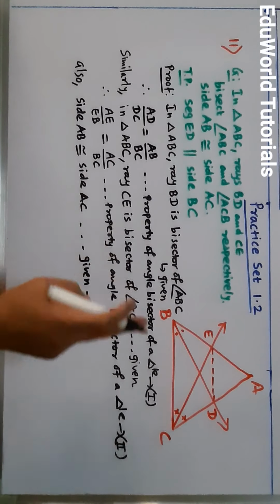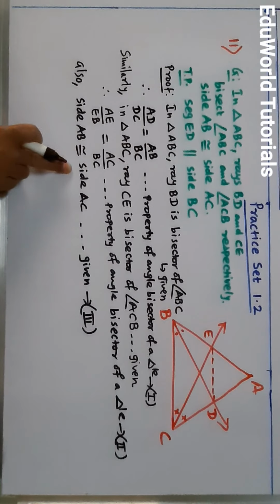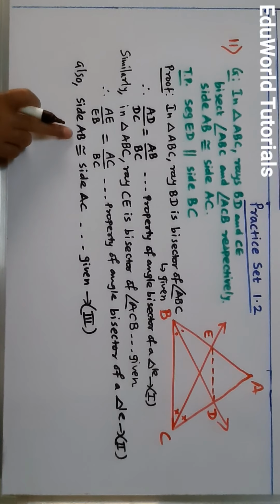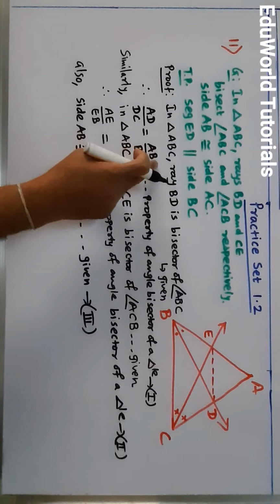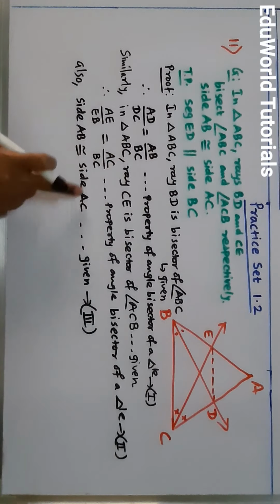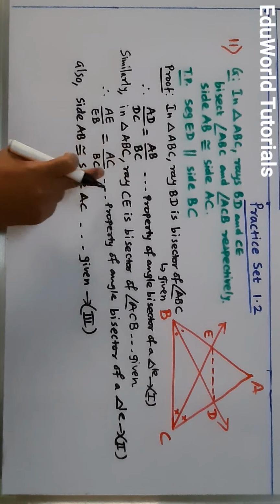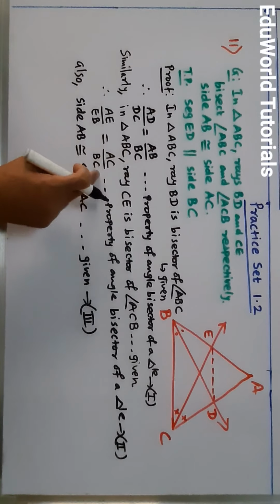Now think, results 1, 2 and 3. What can you write with the help of these three results? See, AB congruent to AC. AB and AC make the numerators in these two ratios. They are congruent, they are equal. BC and BC form the denominator of the same ratios, which are same.